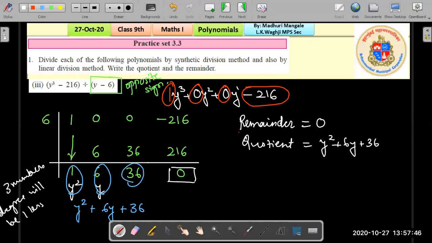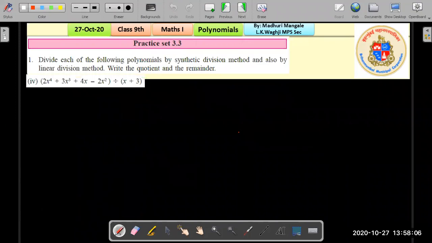Okay, so that completes this problem where we are asked to find the quotient and remainder only by the synthetic method. All right, let us check. Yes, we can work on one more problem.